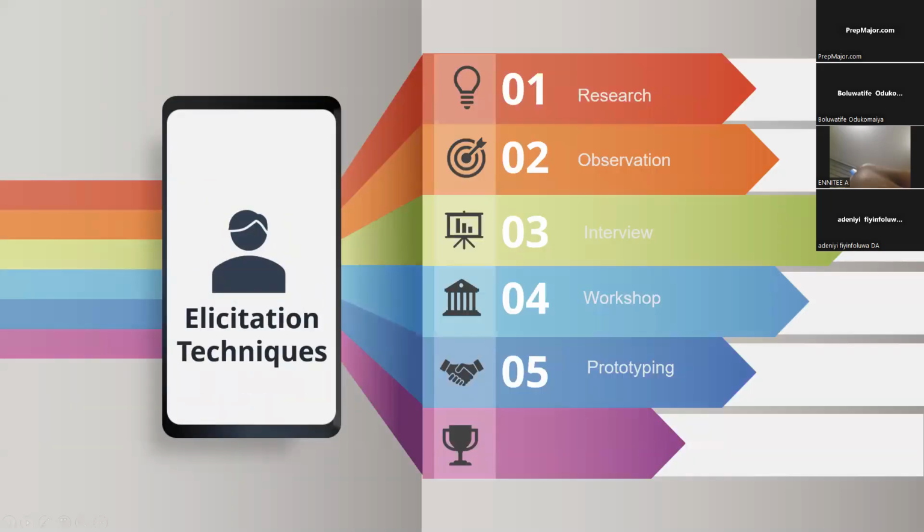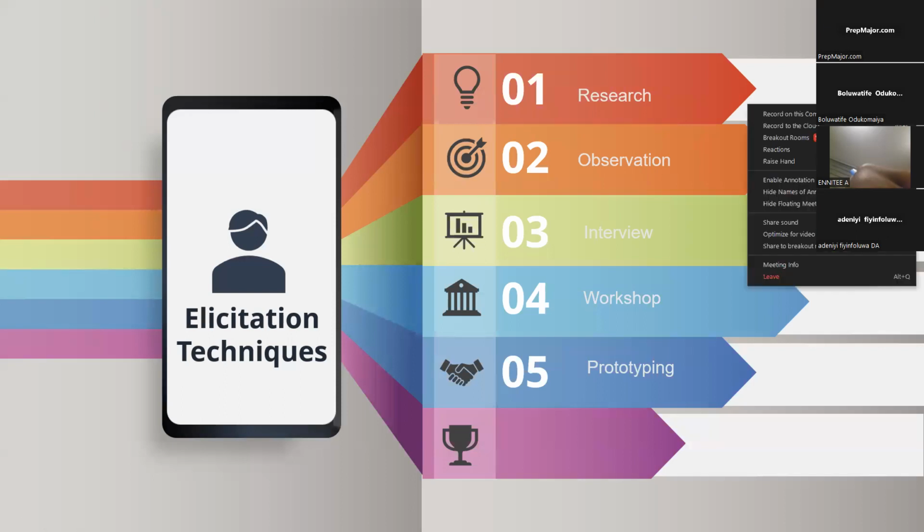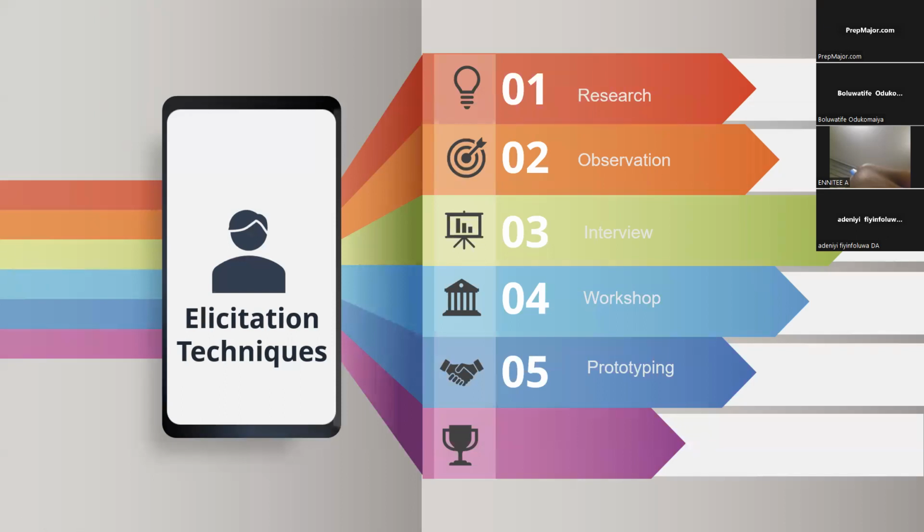All right, so we have different elicitation techniques, and I'll be walking us through them tonight. So the first one is research. It's important for you to research about the product, research about who the competitors are, do a SWOT analysis, try to understand the product before even going for requirement gathering.